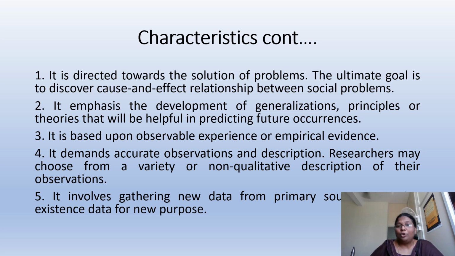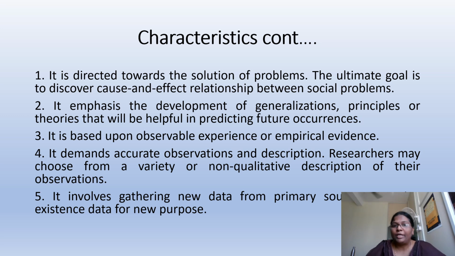The main goal, the ultimate goal of any social work research, is the solution of problems. It is to discover the cause and effect relationship between social problems. For example, in an urban community, if there is a community health problem among the slum dwellers, we need to find out the causes for the health problem.